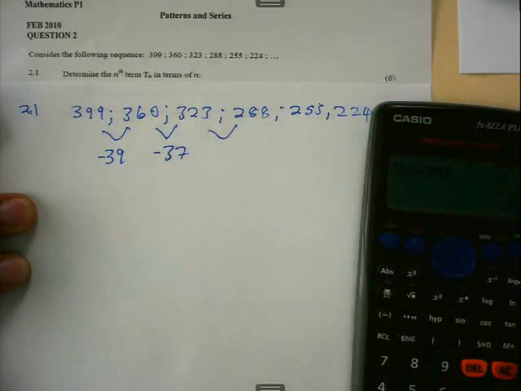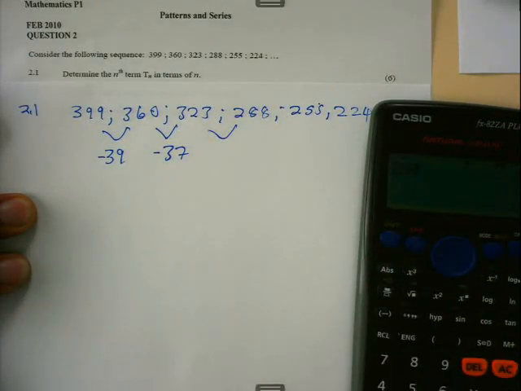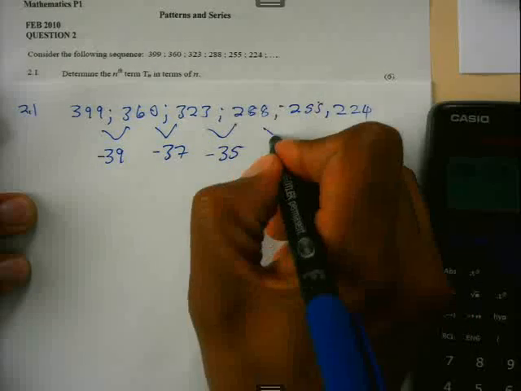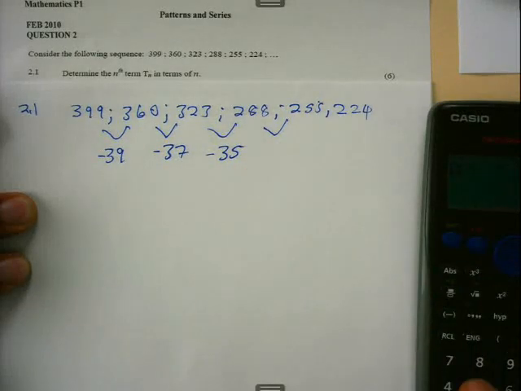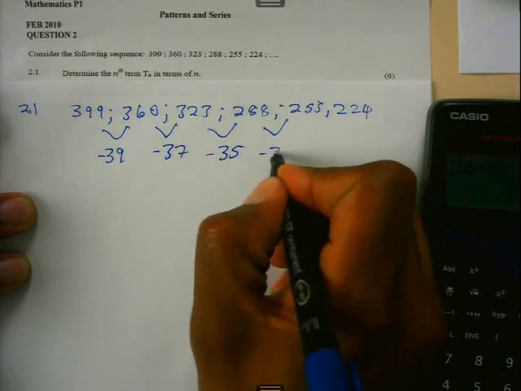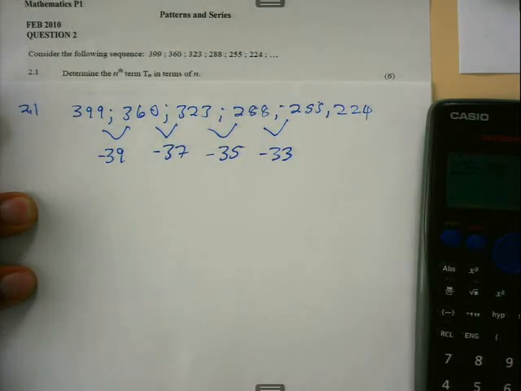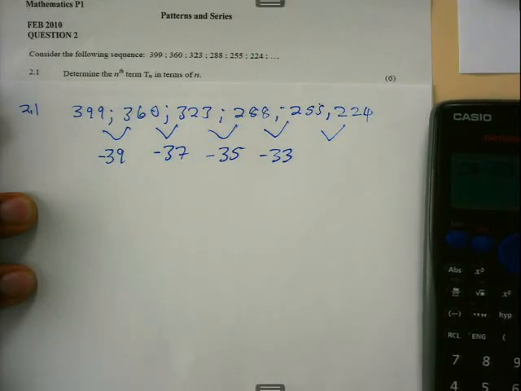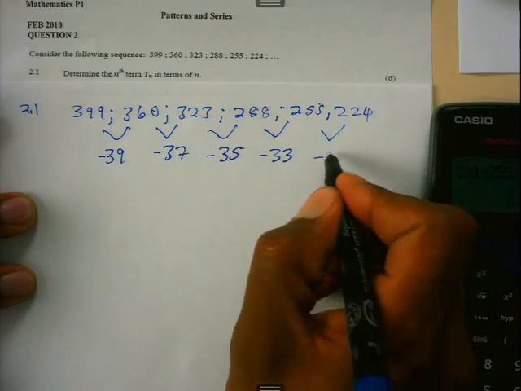And now the other one is 288 minus 323, then the answer is minus 35. Then 255 minus 288 gives minus 33. And the last one is 224 minus 255, which is minus 31.